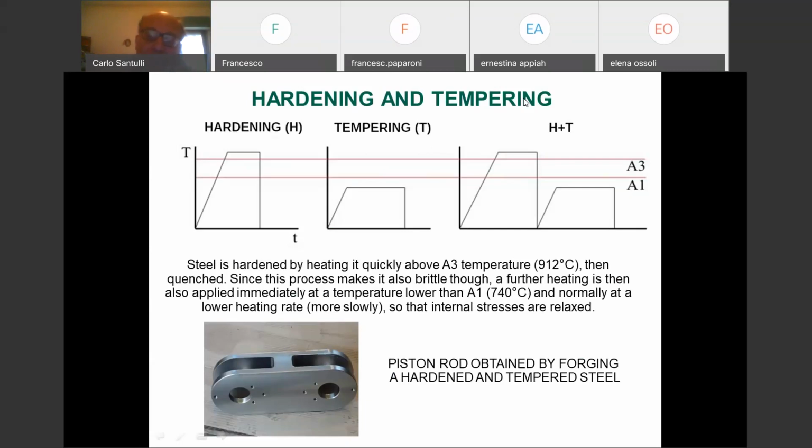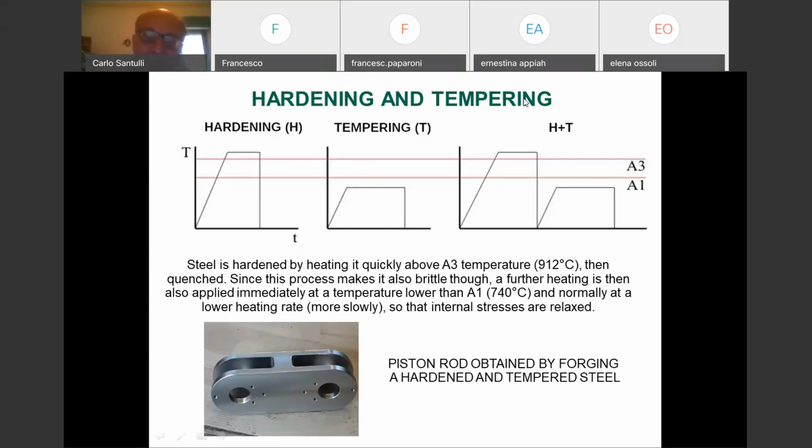Unless you want to have a very hard steel, but also very uncontrollable steel, you need to have H plus T. H plus T, and tempering, it's below, you heat up and then you quench.